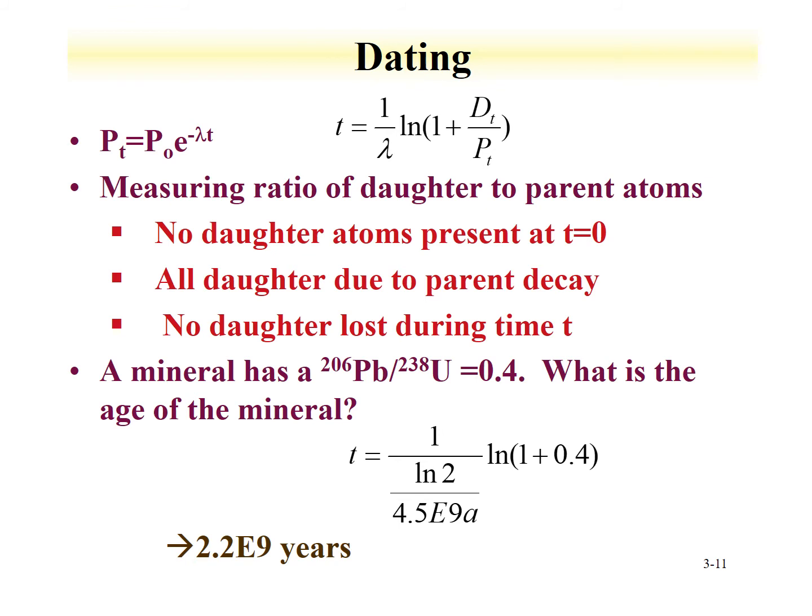So let's consider how this could work. Imagine that there's a mineral, for instance, zircons, which are zirconium silicates, have a small amount of uranium embedded in them. One can evaluate these zircons, look at the amount of uranium-238, and the daughter that we're talking about in this case is lead-206. Now, if you look at the decay chain, which we explored earlier, that's not a direct decay.